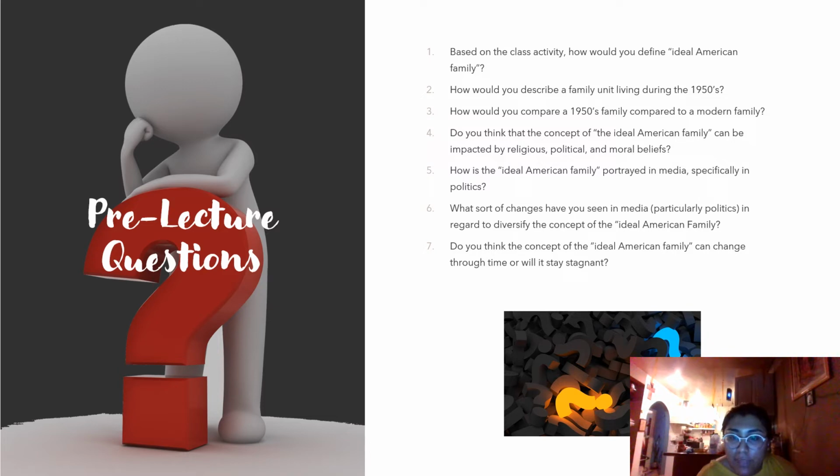So pre-lecture, they're like, oh, there isn't really a single definition, so I believe it won't stay stagnant, or I believe it will stay stagnant. At the end of the lecture, their answer to this pre-lecture question should change.